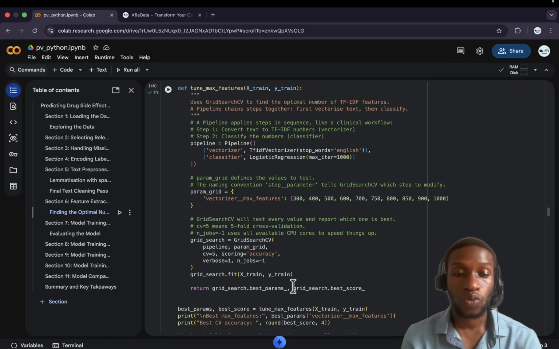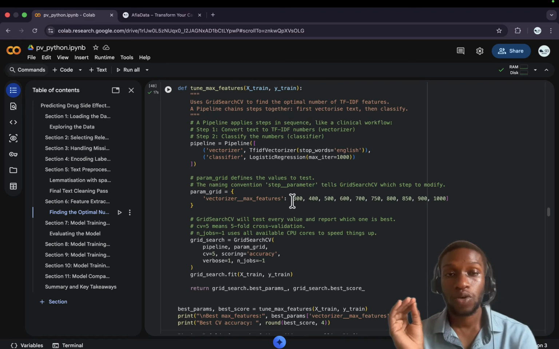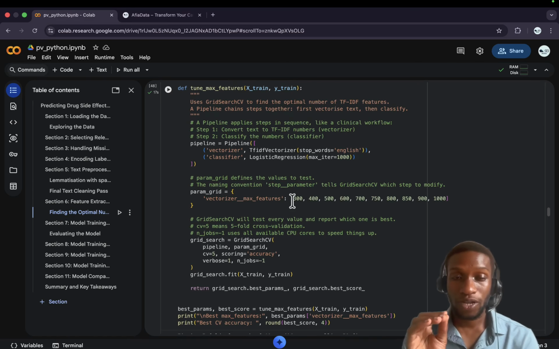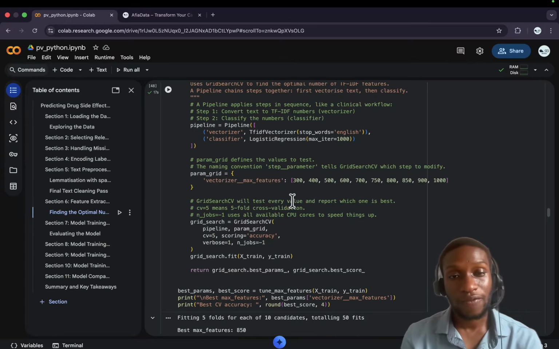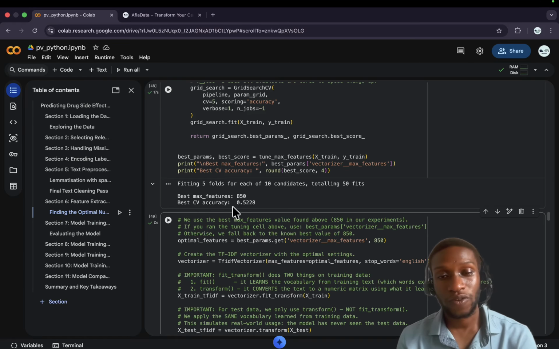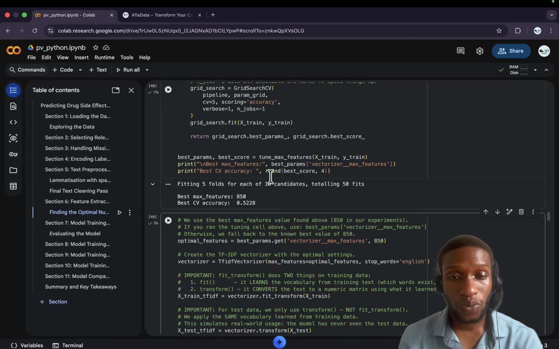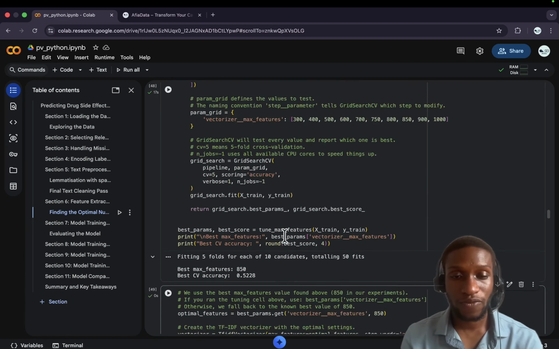Later on, when we dive into the nitty-gritty of ML, we will look into this. But for now, the most important thing is to understand the workflow that happens when you're dealing with such a task. After this parameter tuning, we get a maximum features of 850, which gives the best accuracy of 0.52. This is when we use logistic regression as a model. We won't dive into that for now.